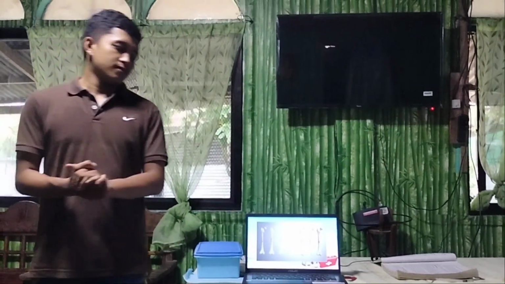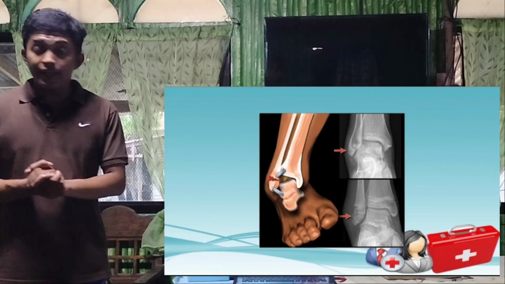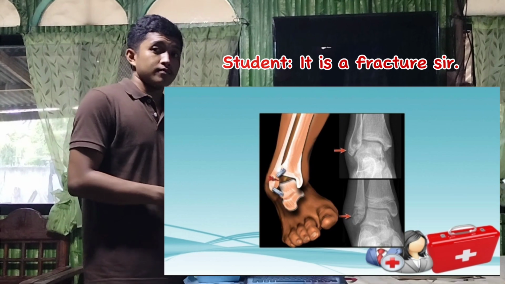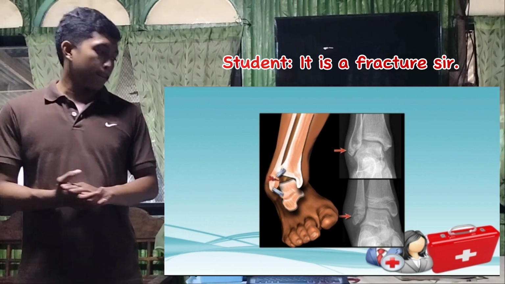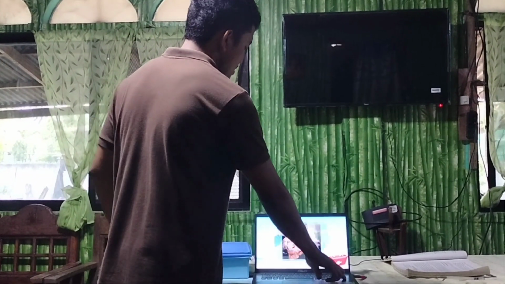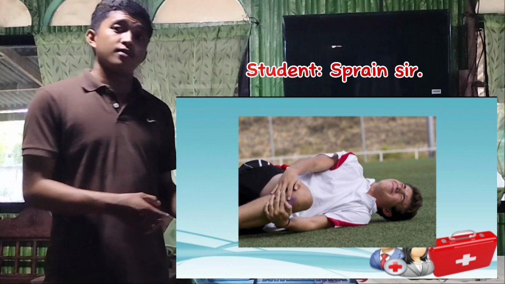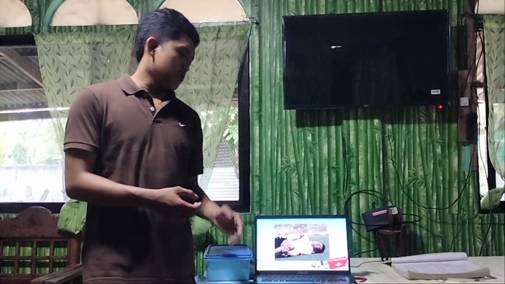Okay. The next picture shows what? Okay, Miss Agana. Okay, very good. Fracture. Next, Mr. Balmoria. Okay, very good. Sprain.